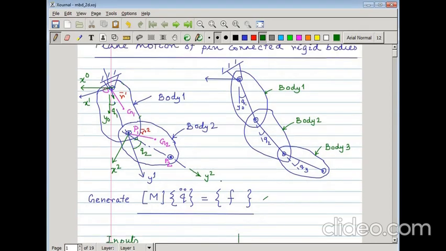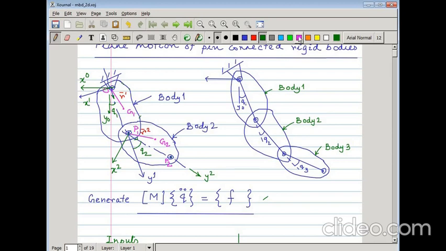So the naming conventions which we are using are these. This point is O, and all other hinges, all other pins: this is the pin in body 1, so we call it P1. This is the pin in body 2, so we call it P2.